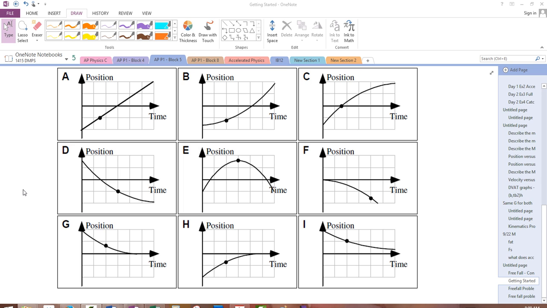All right. It says, in which cases, if any, is the velocity negative? Keep going. A, B, D, F, H. A and H. Yes, because the indicated point is below the x-axis.